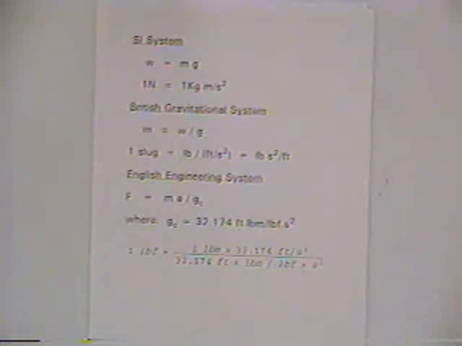In the British gravitational system, if we rearrange the equation a bit and say mass is weight divided by the acceleration constant, a slug is a pound second squared per foot. And then in the English engineering system, we use a conversion constant, 32.174, to convert between pounds mass and pounds force.